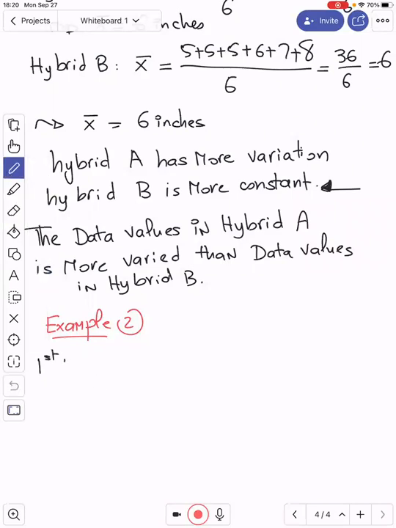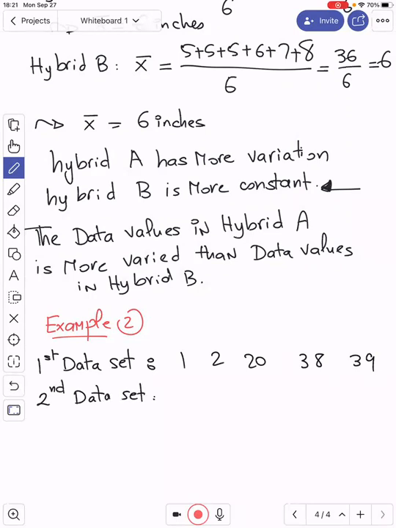First data set: let's say we have the following values: 1, 2, 20, and then 38, and then 39. Second data set: let's say 18, 19, 20, 21, 22.